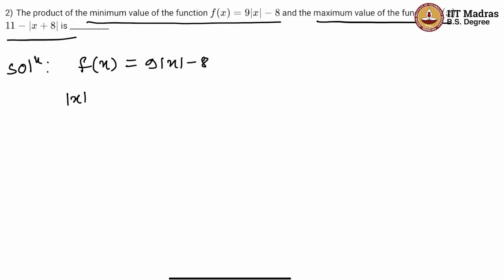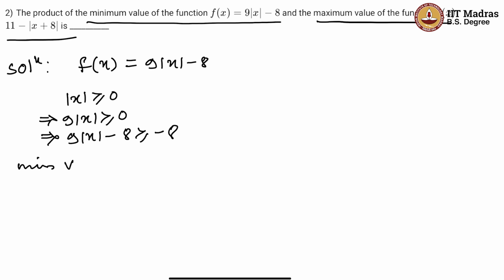We know that |x| is greater than or equal to 0, right? So if we do some constant multiplication, then it will be again the same, right? Now 9|x| - 8 will be greater than or equal to -8, right? So the minimum value of f is -8.